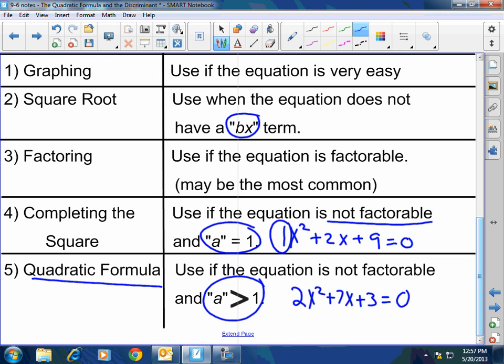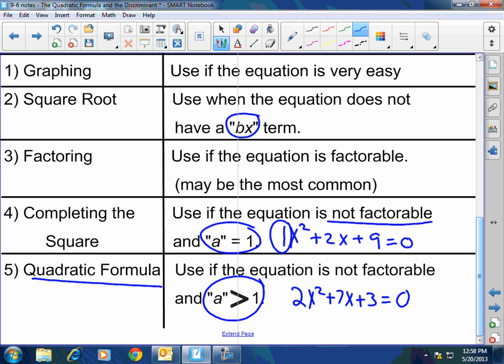And just so you know, if you get to a situation that you cannot factor, and you really like the quadratic formula, you can use the quadratic formula, given that they just tell you to solve using any method. If they tell you to solve with a specific method, then you must solve according to that method.